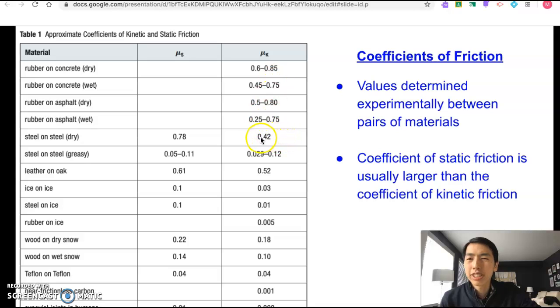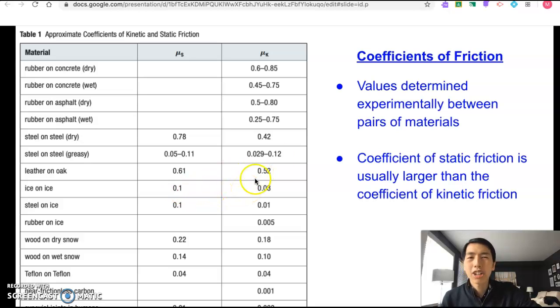You may also notice that for the ones where there's both a static coefficient, so mu s stands for the coefficient of friction in the static case, and mu k stands for the coefficient of friction in the kinetic case, you may notice that the static value is usually higher than the kinetic value anytime that both of them are given.